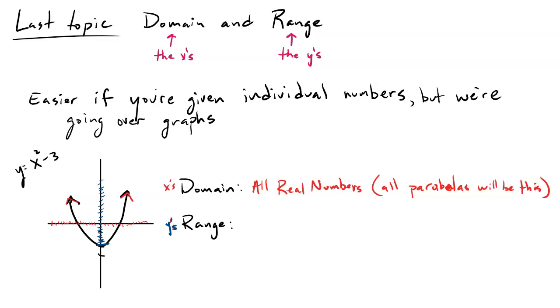So what I would say for the range is y is every number bigger than or equal to negative 3, because it goes up. If it was pointed down, I would say less than.